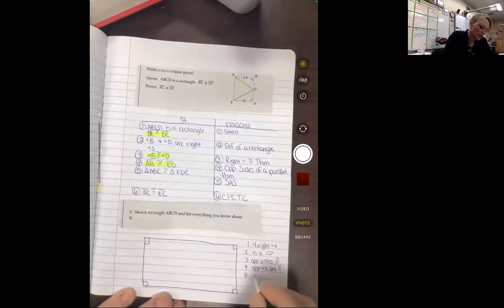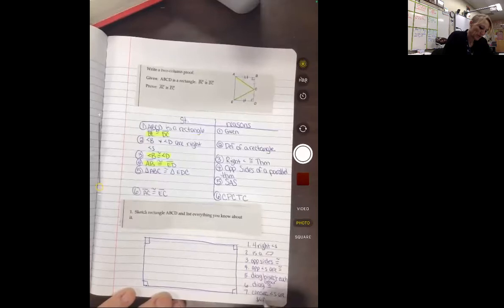We know that diagonals bisect each other. We know that diagonals are congruent because it's a rectangle. We also know that consecutive angles are 180 degrees or supplementary.